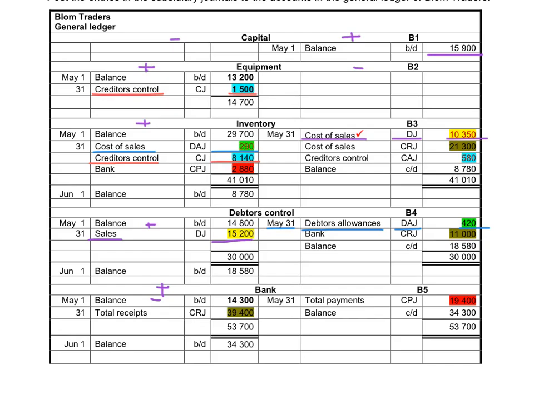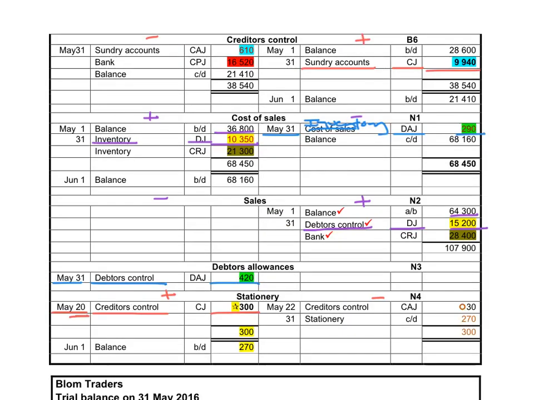Because we are returning the inventory, we will credit the inventory account to decrease the asset on the credit side with 580, indicating that the creditor's control account will be debited with this amount. The stationery account will also be credited to decrease the expense for stationery, indicating that this double entry appears on the debit side of the creditor's control.